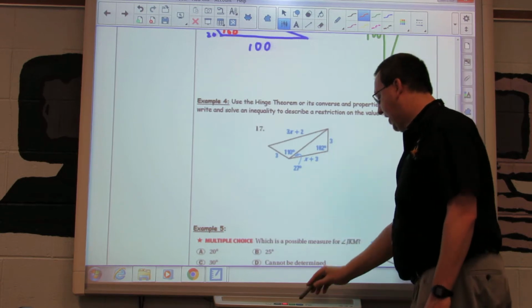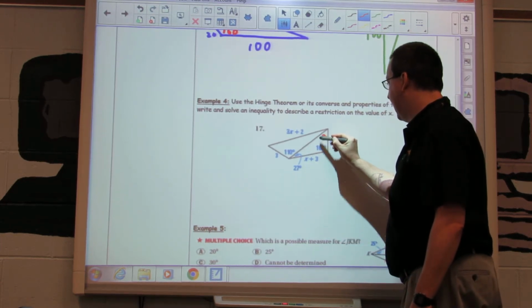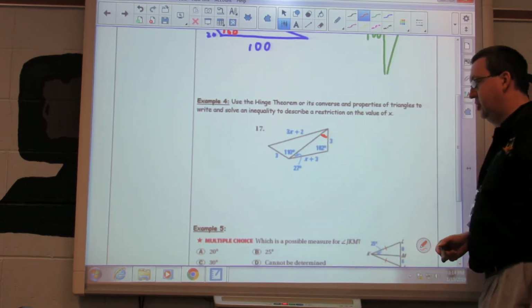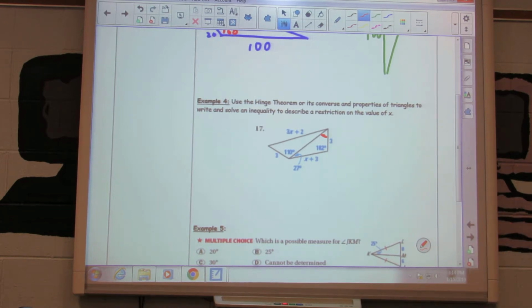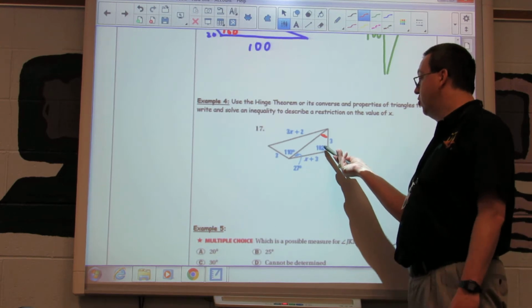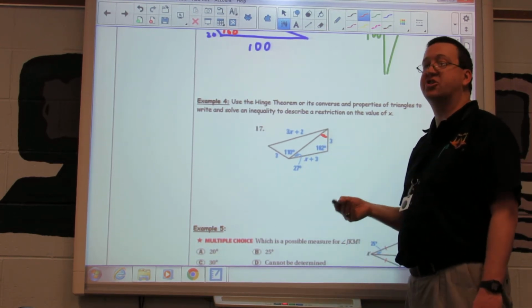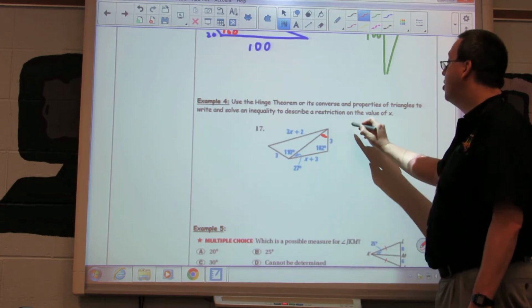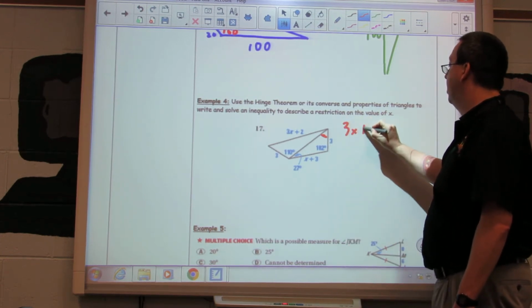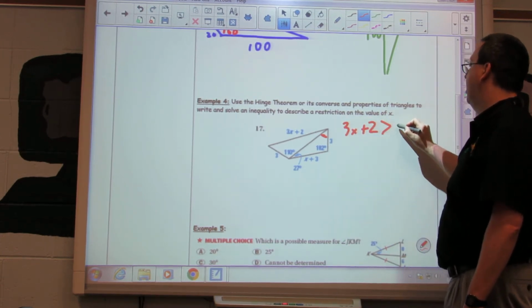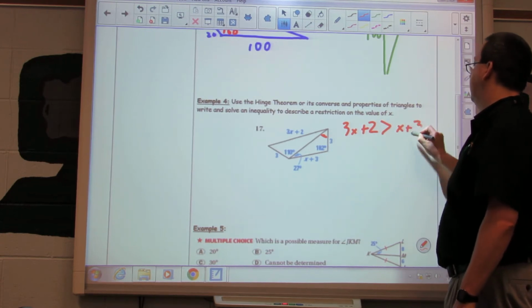The angle I actually care about here is this angle. So we can do the math and solve for that angle by adding 102 and 27 and subtracting those from 180, which will get me 51. But if this is 102, I know this angle has to be smaller than 110, so I don't even actually need to solve it. I know 3x plus 2 has to be bigger than x plus 3.